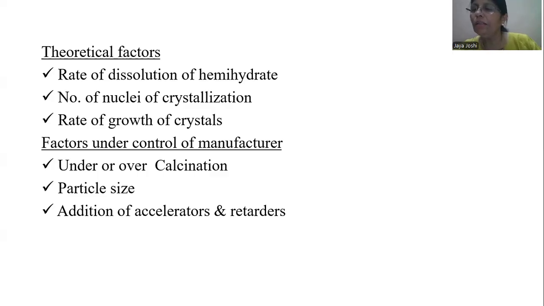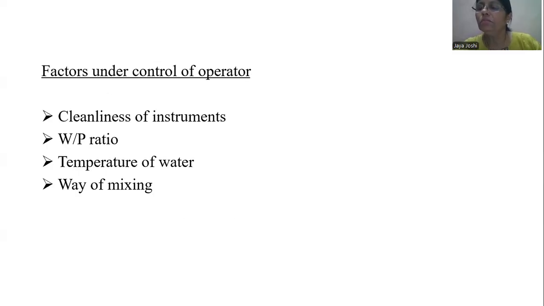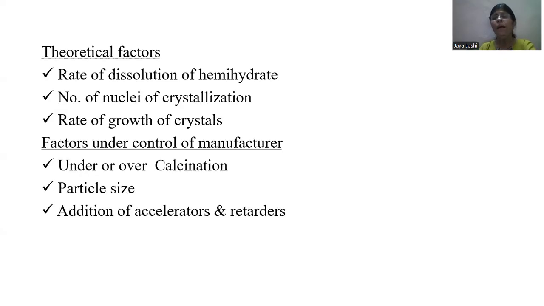Accelerators are chemicals which, when added to the material, increase the rate of reaction and decrease the setting time. And retarders are chemicals which, when added, decrease the rate of reaction and increase the setting time.